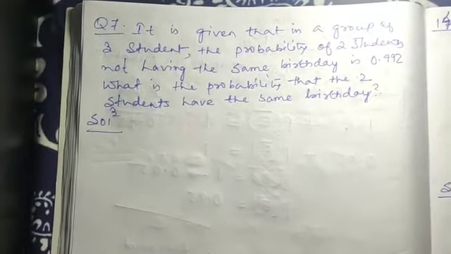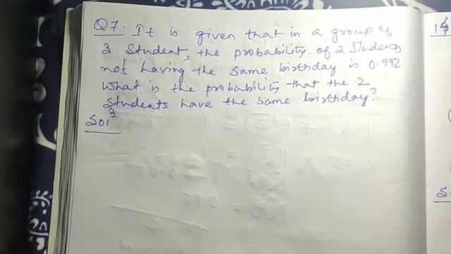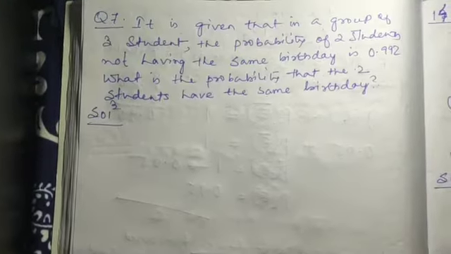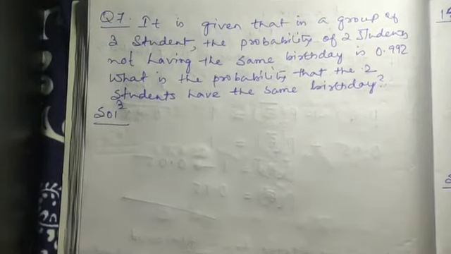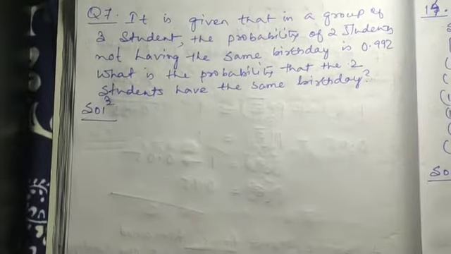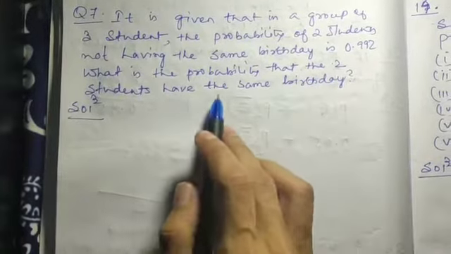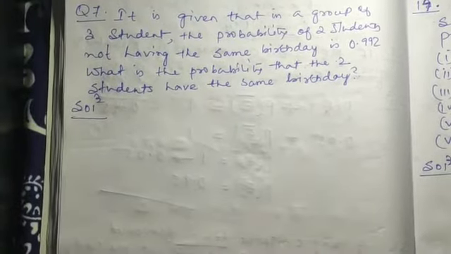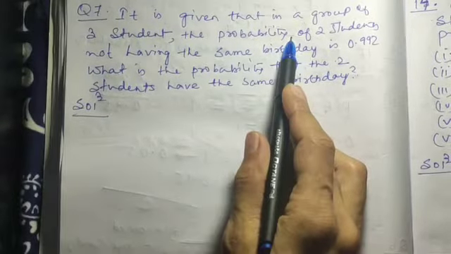Here you see students, it is given that in a group of 3 students, the probability of 2 students not having the same birthday is 0.992. What is the probability that 2 students have the same birthday? Now see, what probability is given?